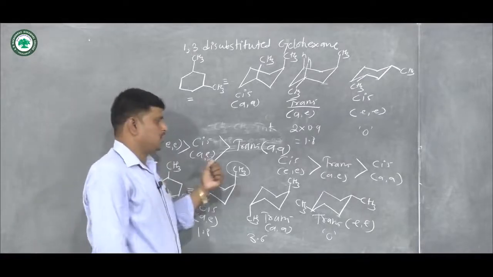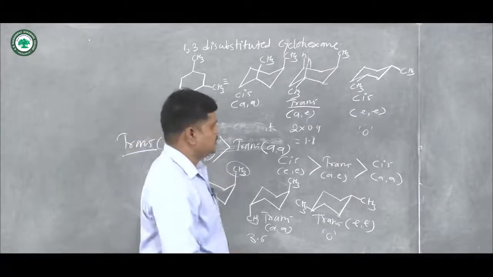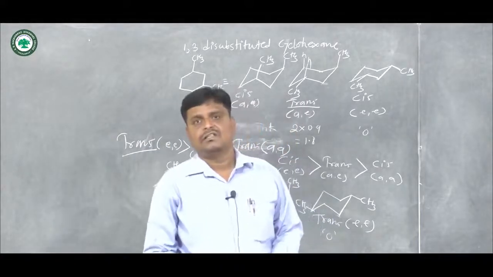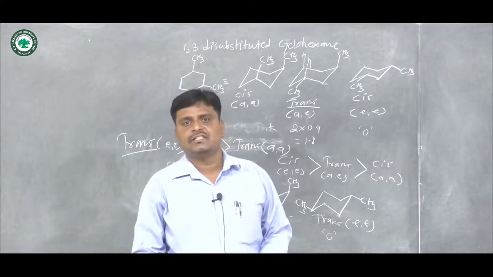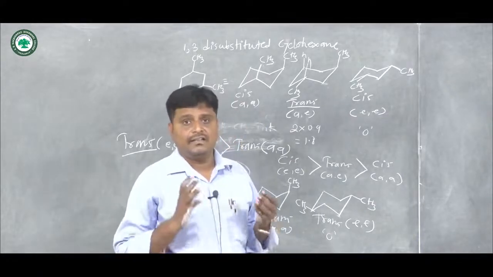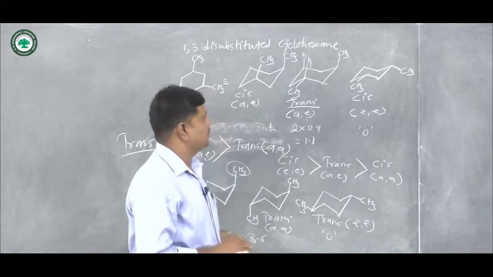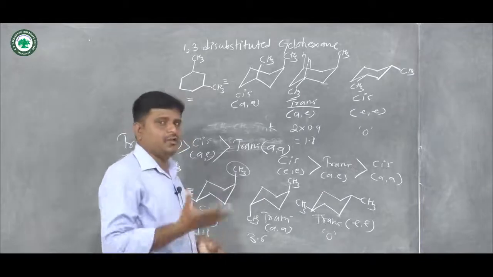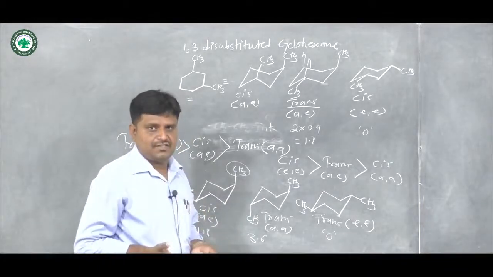Okay, according to this, we get some idea about the stability from the position of the substituent present on the cyclohexyl ring, and from this overall explanation we get information regarding substituents and their positions.